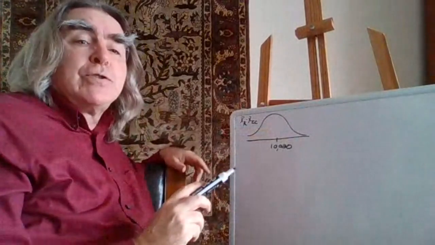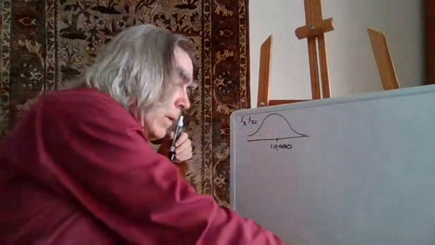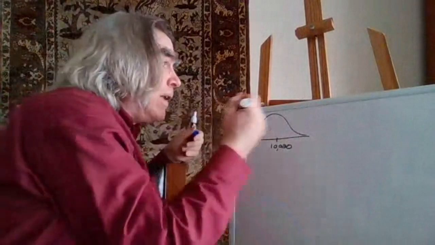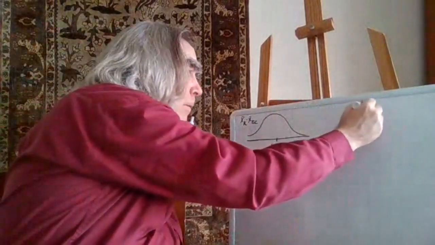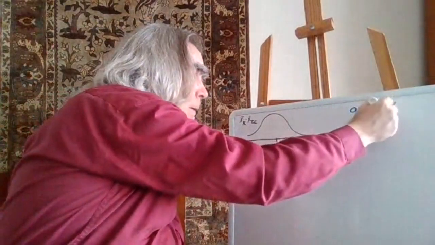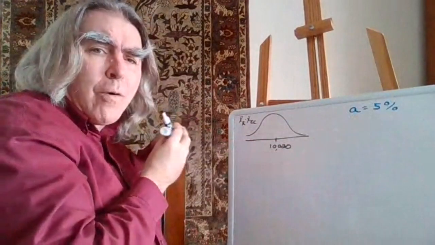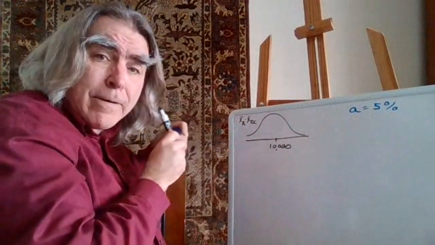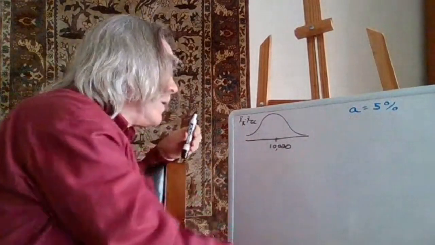Oh, by the way, let us assume that our alpha and sigma are different things. Alpha was going to be 5%. We are willing to be wrong, make a type 1 error, 5% of the time.